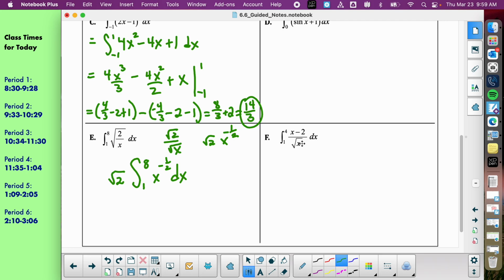F, you should be getting a little bit better at this in your head. I have x to the first on the top of the fraction. I have x to the 1/2 on the bottom. So if I subtract their powers because they're being divided, it would turn into a positive 1/2 power on top.